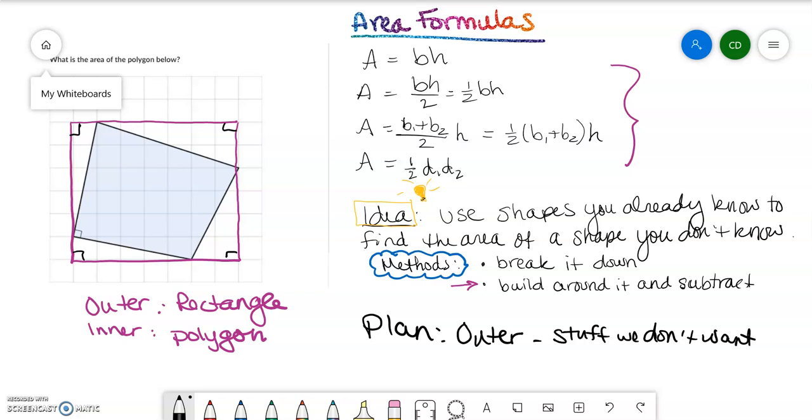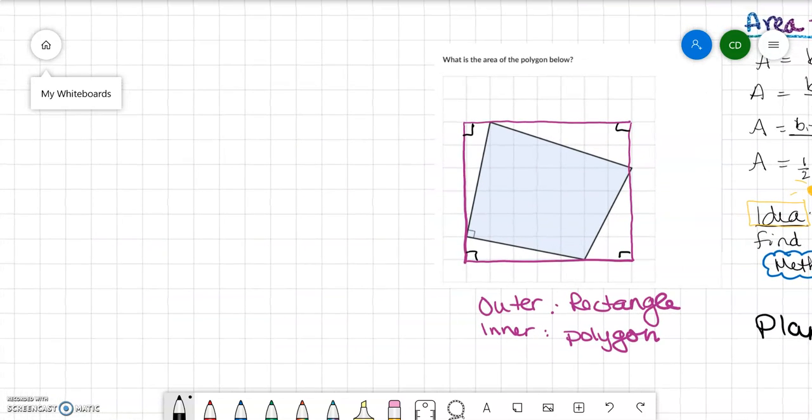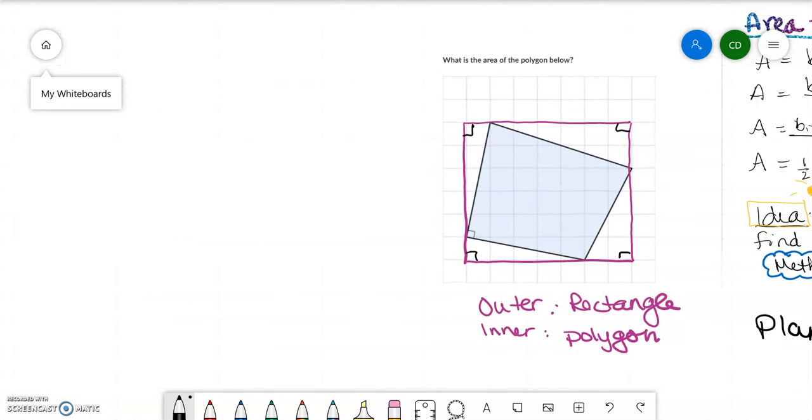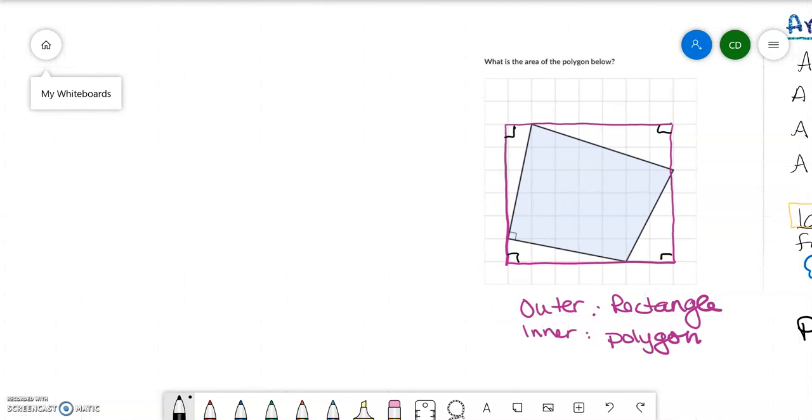Right? So the stuff we don't want in this case is going to be the triangles. And that will leave us, if we do outside, get rid of those 4 triangles, that'll leave us with just the polygon. So that's going to be our plan of attack. Okay? So I'm going to do that.